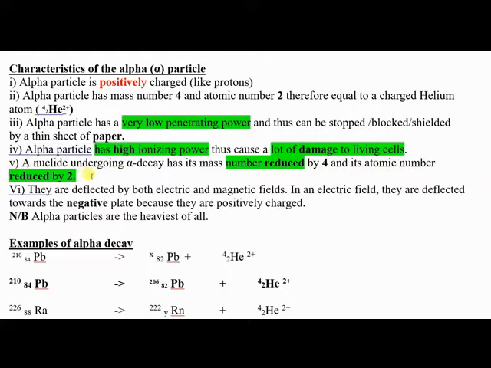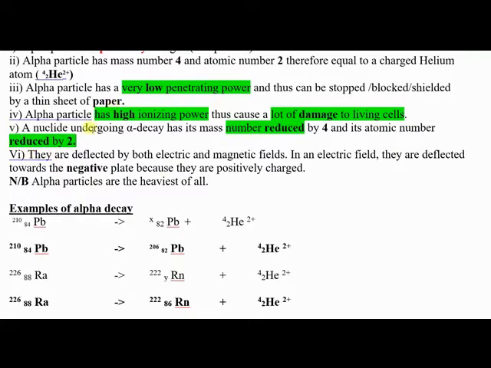Very important. Now you see the reason why you need to understand the atomic number and the mass number. When you are given an isotope, you should know that the number on top is the mass number. The one that is below is the atomic number. Very important. If you don't understand that, then you will not be able to manage these things.